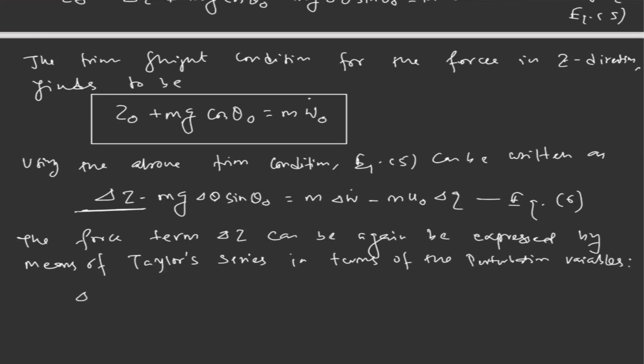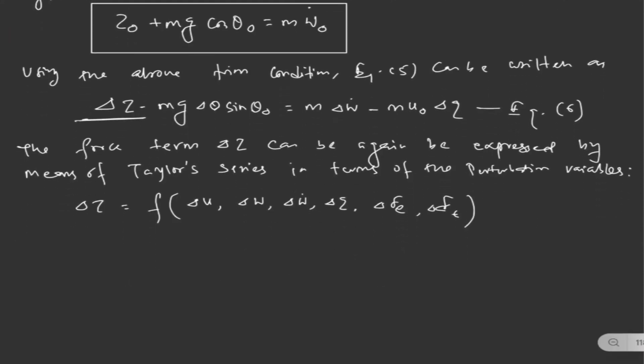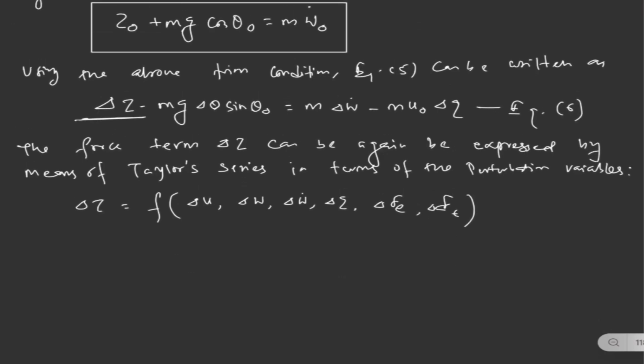So del z is a function of del u, the perturbation of velocity in x direction, perturbation of velocity in z direction, rate of change of perturbation of velocity in z direction, del q, perturbation of pitch rate, del delta e, and del delta t. So due to these perturbation variables, the force along z direction may occur.